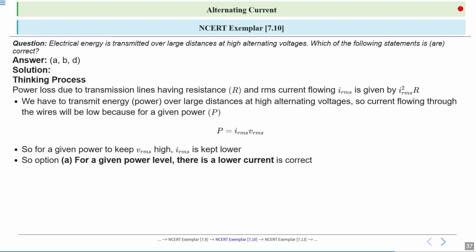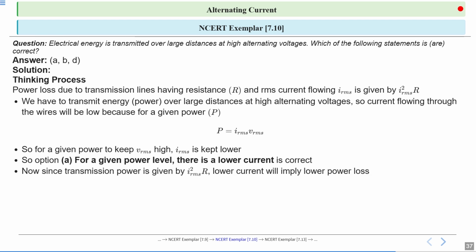If we want to transmit the same power, for a component which is operating on power P, we need the average power loss across the transmission lines to be minimized, due to which we have to increase the voltage and decrease the current. So for a given power level, there is a lower current. This option is correct. Now, since power loss in transmission is given by I_RMS squared R, lower current will imply lower power loss.